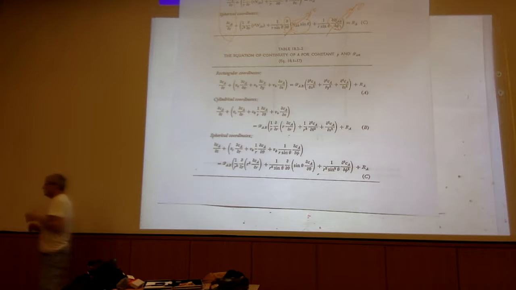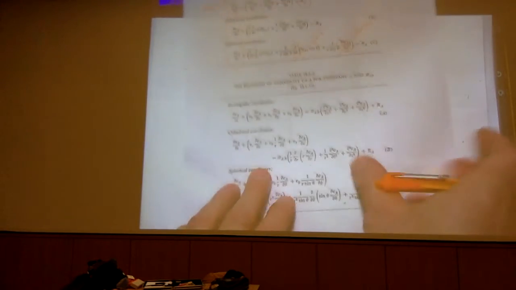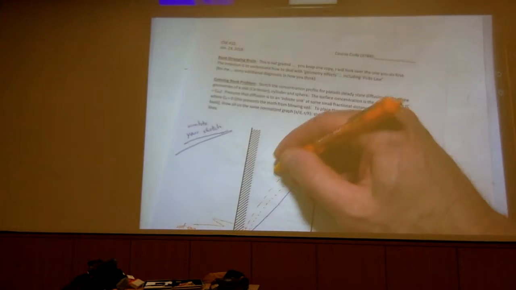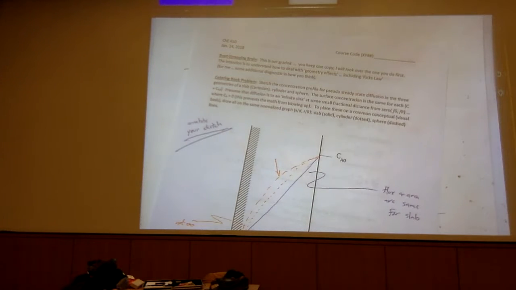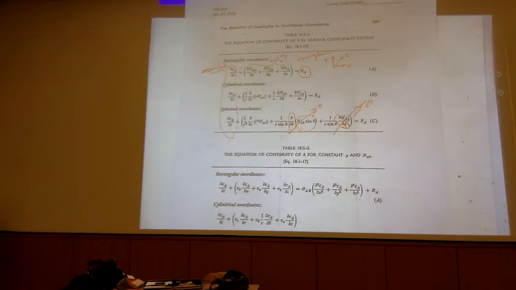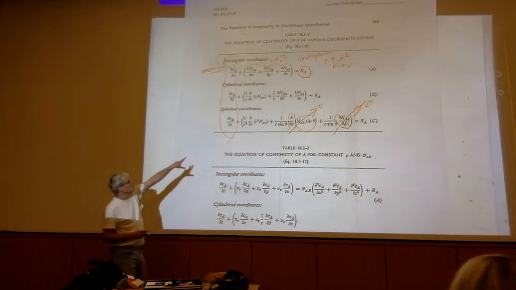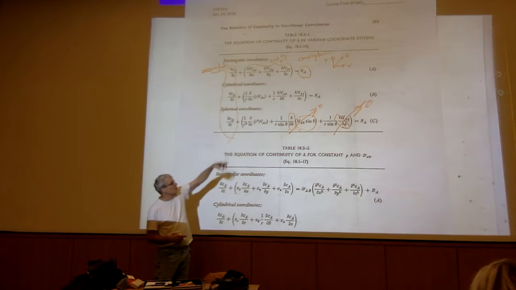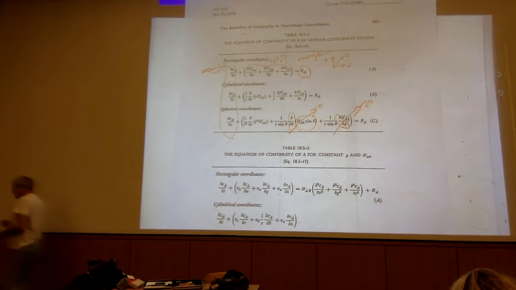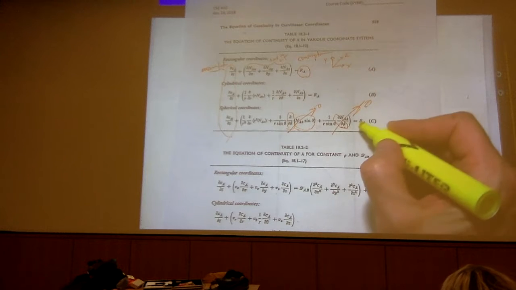Let's actually take a look at this problem as if I was going to try to get this line, the sphere, and the actual mathematics of that in this particular problem. If we started from here, and we wanted to go after this particular problem of radial mass transfer, we know that there's no reaction.